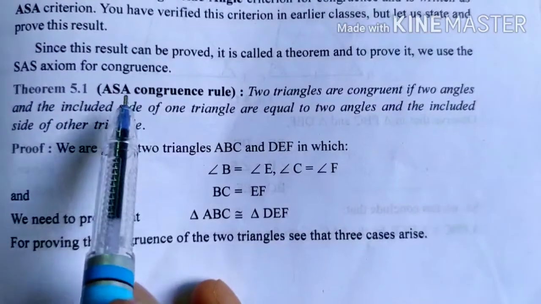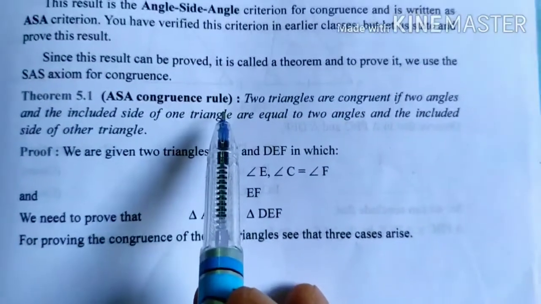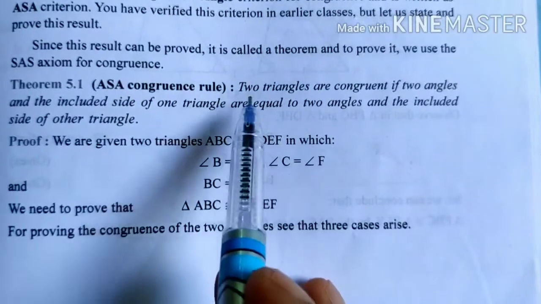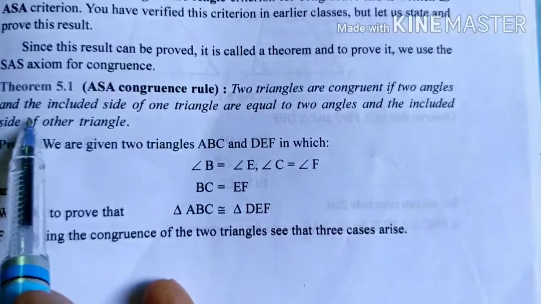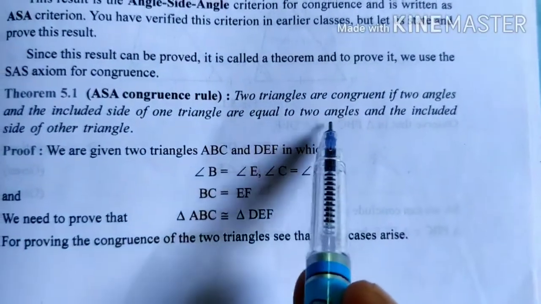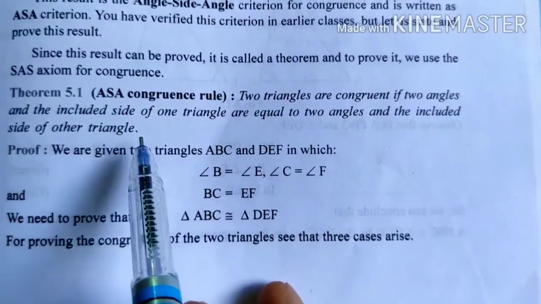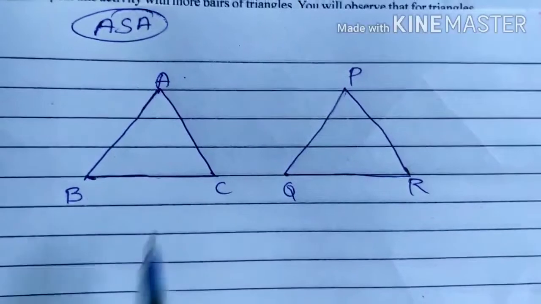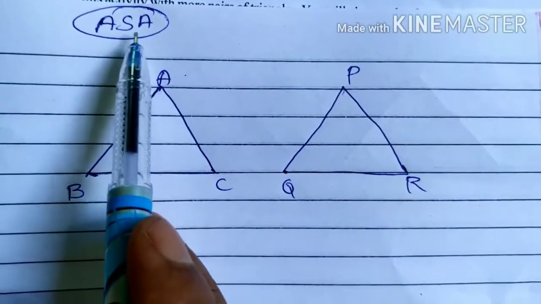Okay, next we shall discuss theorem 5.1, ASA congruence rule. What does this theorem say? You can see here, two triangles are congruent if two angles and the included side of one triangle are equal to two angles and the included side of the other triangle. ASA congruence rule: angle, side, angle.